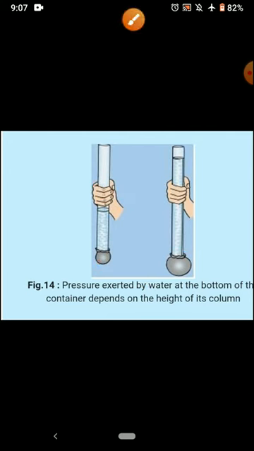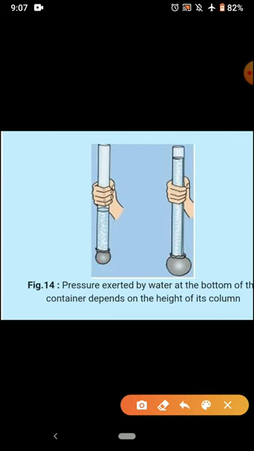So the more the height of water, the more bulge of the rubber sheet can be seen. That means more pressure is exerted in the glass tube which is filled with water.